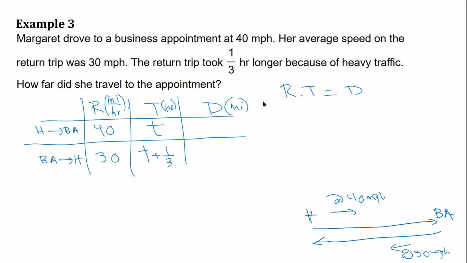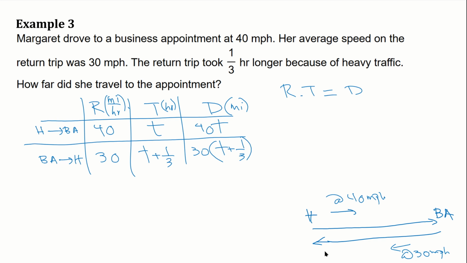Now I can use this formula to get a distance expression for each of the directions. So for the direction from home to the appointment, it's going to be 40 times t, which is 40t. And for the return trip, it's going to be 30 times t plus 1/3. Of course, what's going to really help us solve this problem is the fact that these two distances are obviously what?